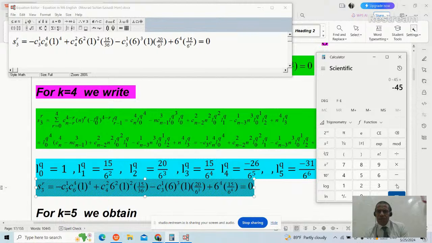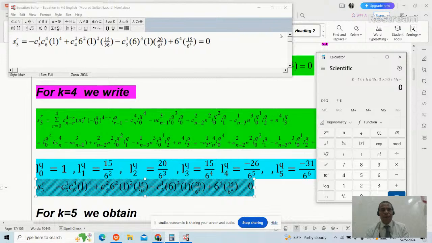Negative 45, plus 6 times 15, minus 3 times 20, because this is a combination 1, 2, 3 times 20, plus 15. This one should be equal, learners, to what? To 0. Therefore, the value of S3 is 0.